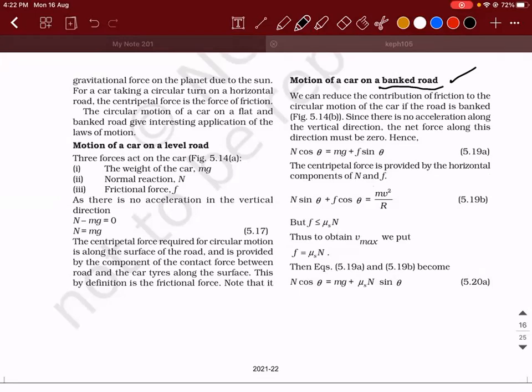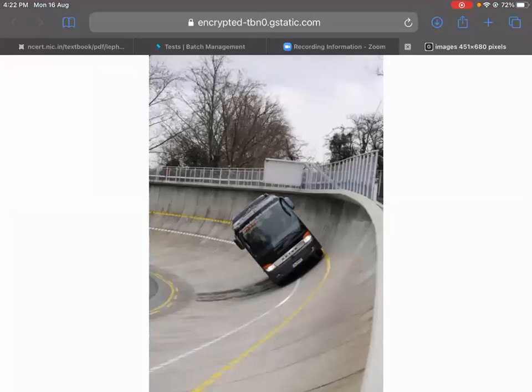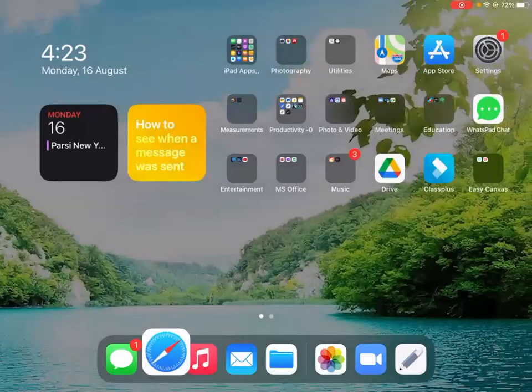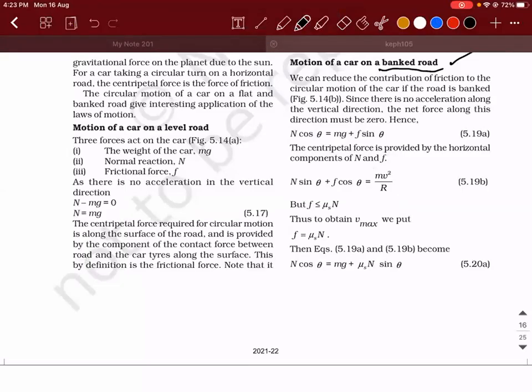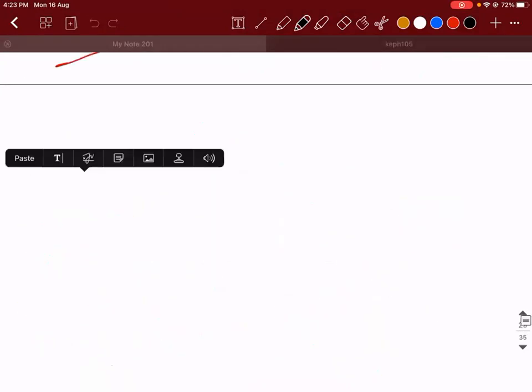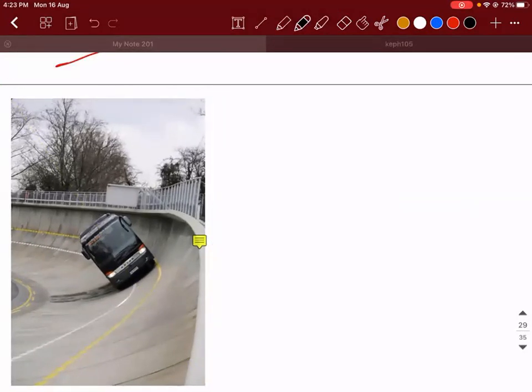Okay. So you guys know what a level road is. Now, let me show you what a banked road means. Are you able to see this diagram? Generally, they have the surface, and it is level here.